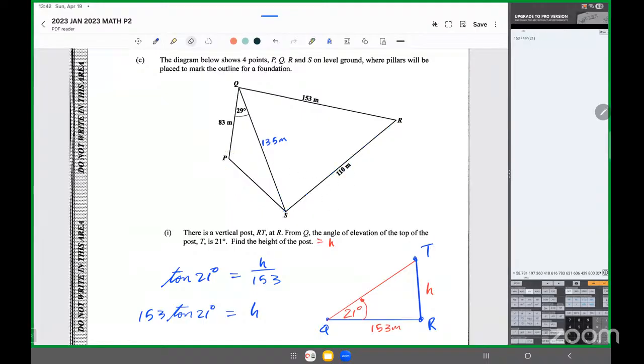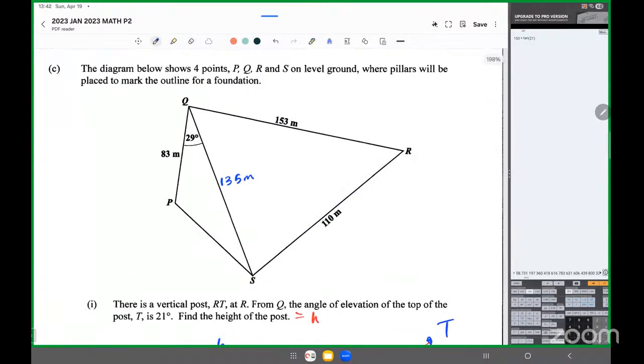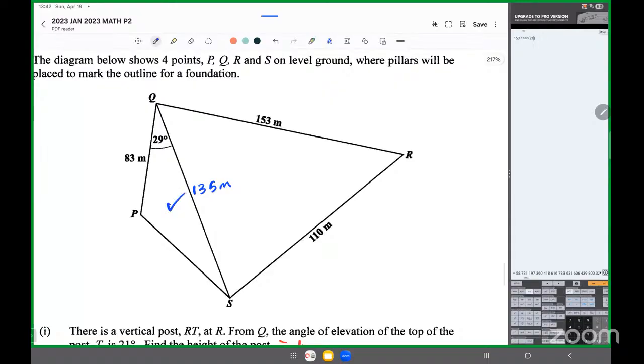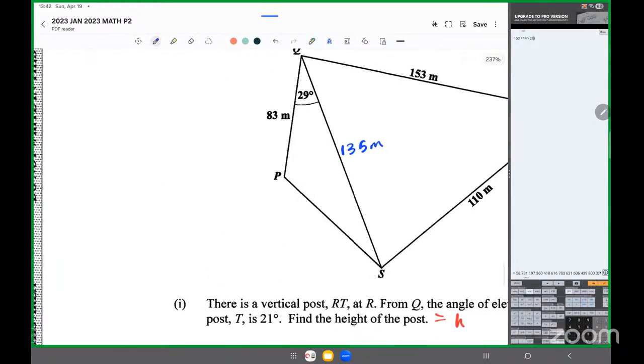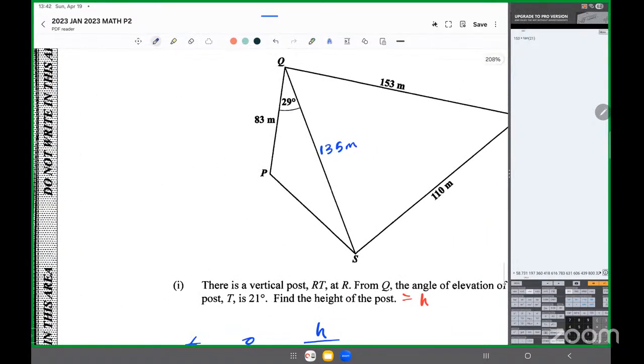So to find PS, we're going to work in this triangle and use the cosine rule. See that? Because we have two sides and an angle between. So we're going to use the cosine rule to find PS, in this triangle. Let's do it over here.